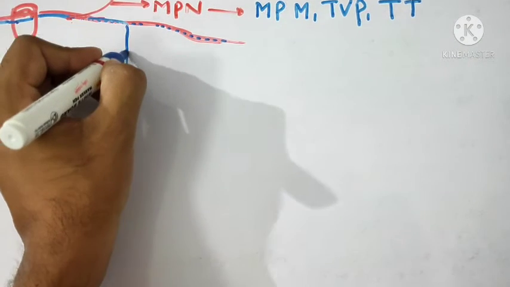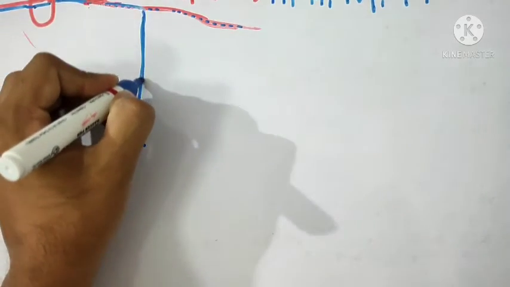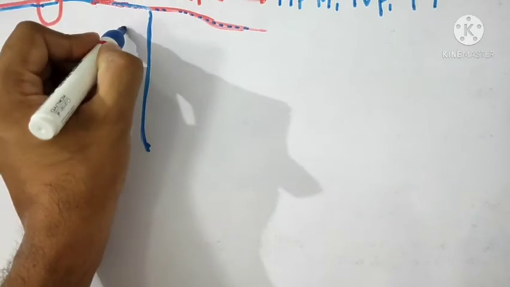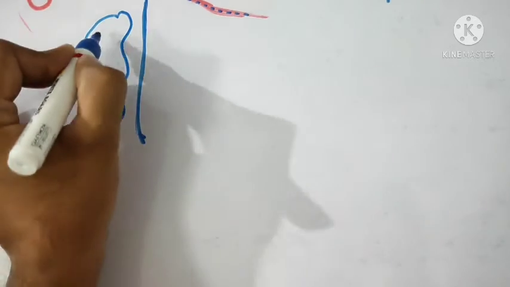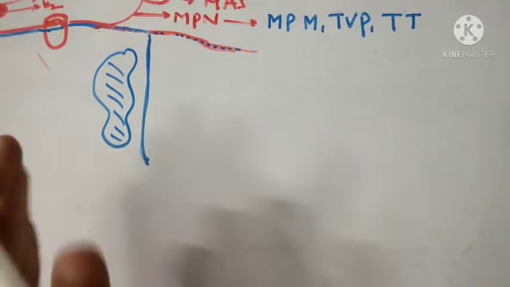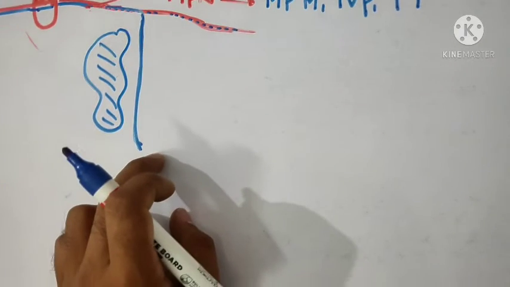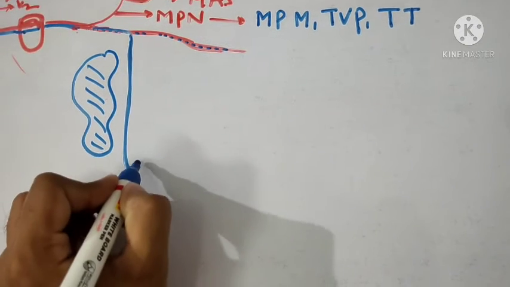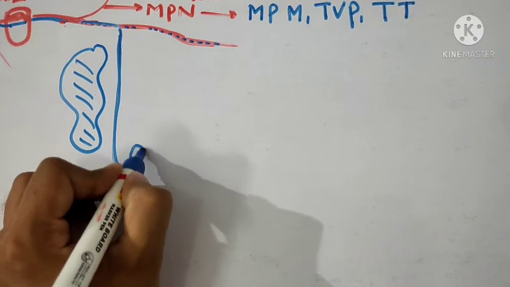Think this is the lateral, this is the anterior division, and this is the lateral pterygoid muscle. The anterior division runs medial to the lateral pterygoid muscle and reaches the external surface of the ramus of mandible.